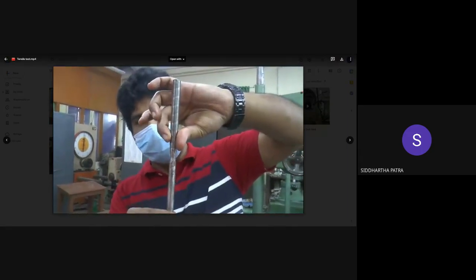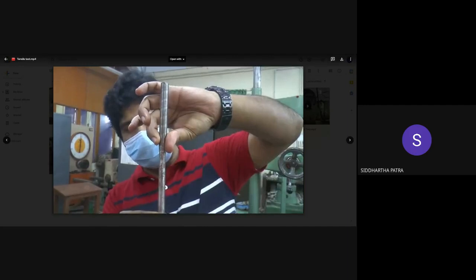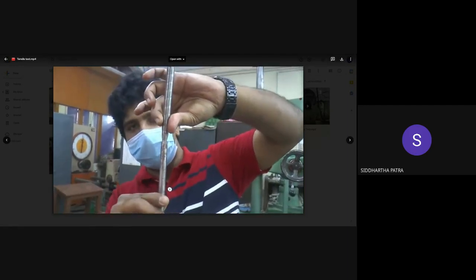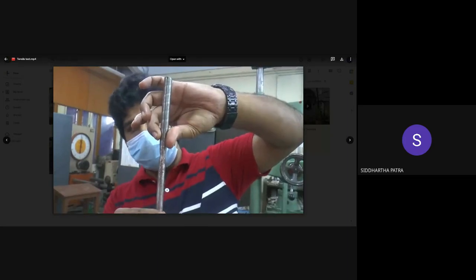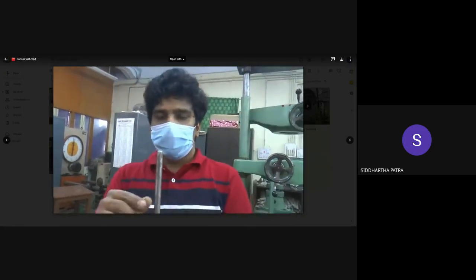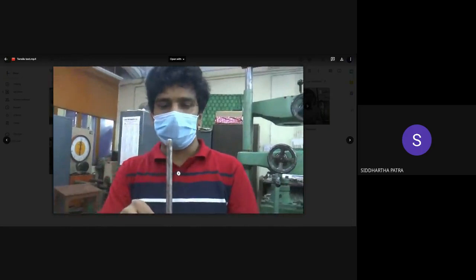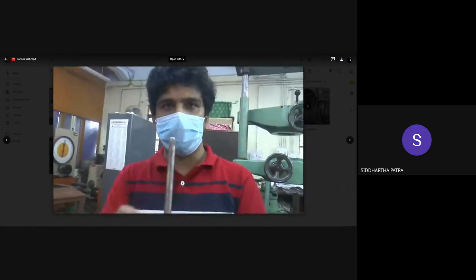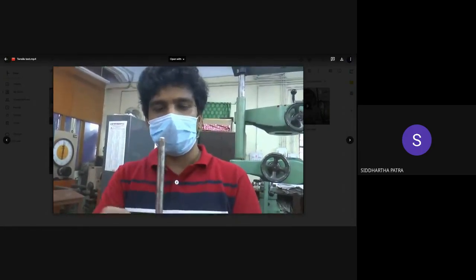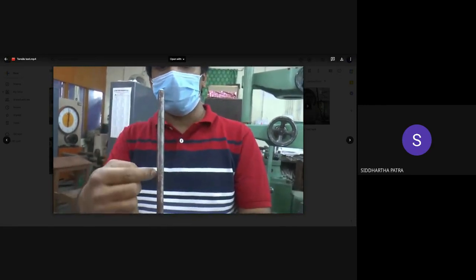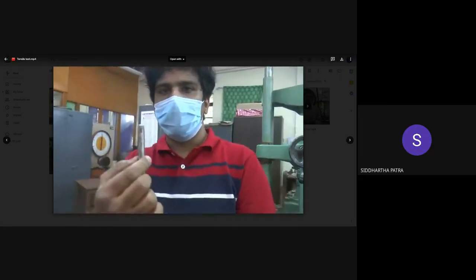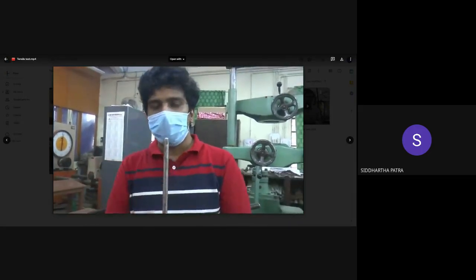So it's still in the 10 millimeter diameter region, but closer to one of the ends. This has happened obviously because it's not a perfect cylinder, it's not uniform everywhere, because you see it has been prepared through turning, and in turning usually the middle region has the higher diameter.